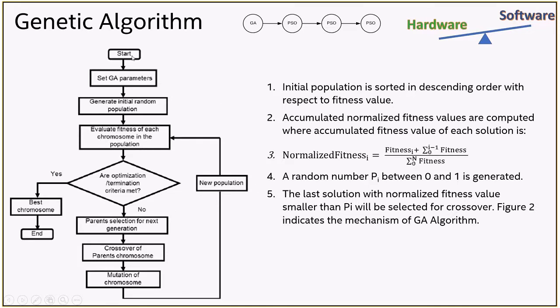Look at the flow chart. When we start, we set the genetic algorithm parameters, nothing but how much population and what is the crossover rate. Based on that we select the initial population randomly, take the population, and evaluate the fitness.